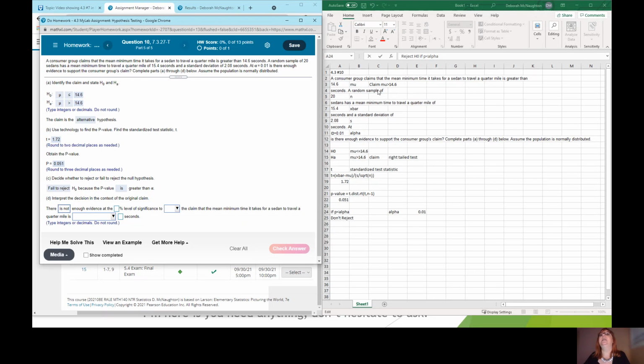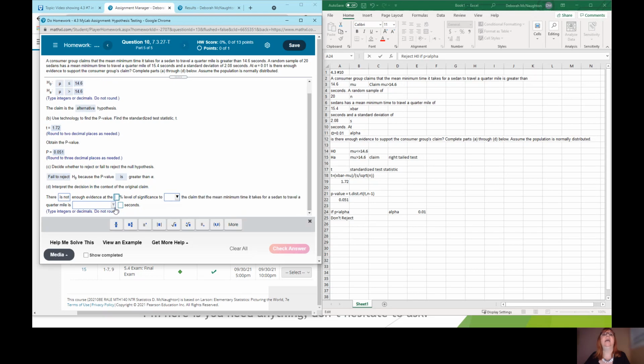And since we do not reject, we say there is not evidence at the 0.01, so that's the 1% level of significance, to reject the claim. So since we did not reject, there's not evidence to support the claim.